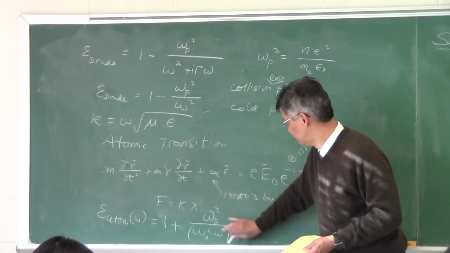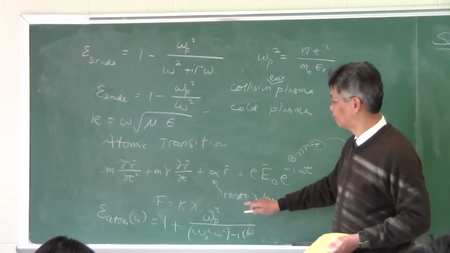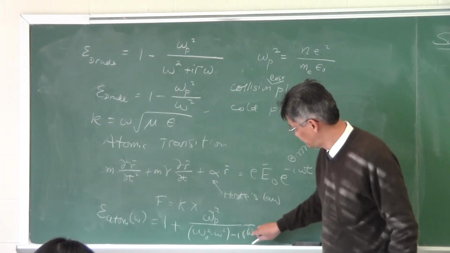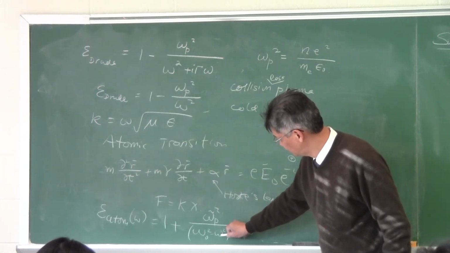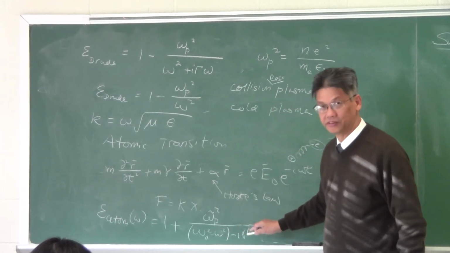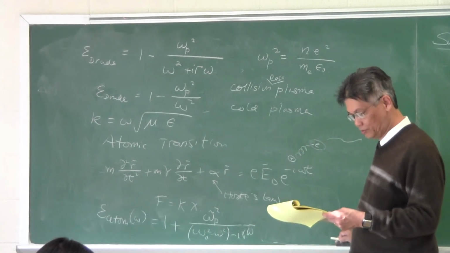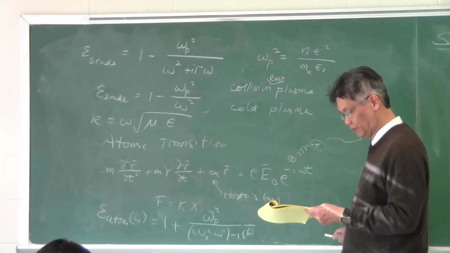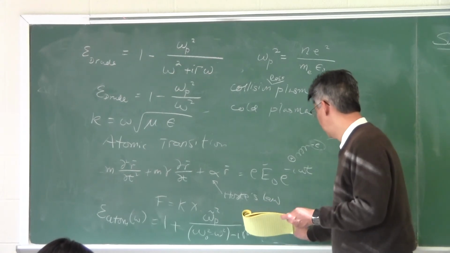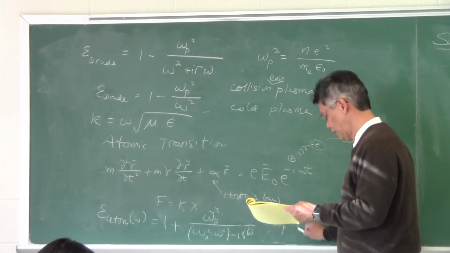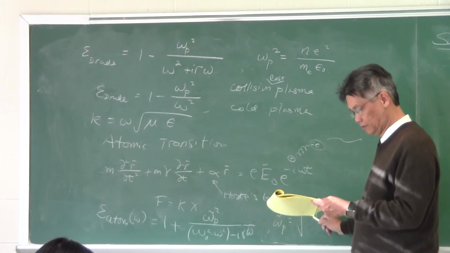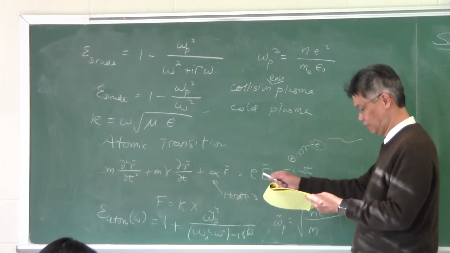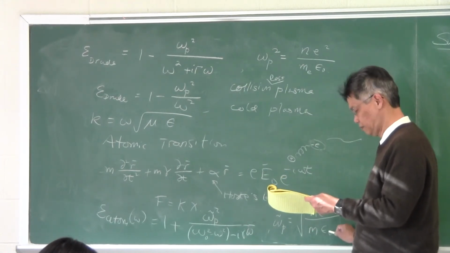So if there's no collision, when you hit the resonance frequency of the spring, you get infinity. But the collision attenuates this effect of resonances. Otherwise, you will have huge resonance. According to my notes here, omega p is very similar to what we had before, with some kind of density times e squared over the mass in that model times epsilon naught.